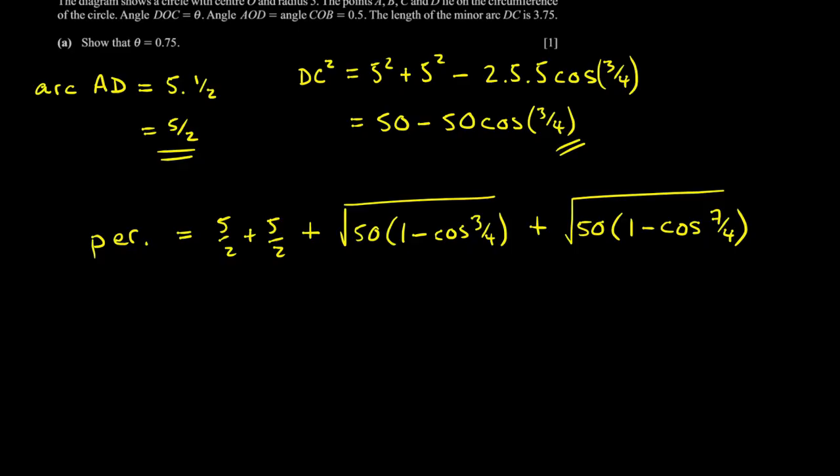Okay, let's find that equals. Good. And I need to add the 5, which gives me 16.338. So I think the perimeter should be 16.3. So we usually have to leave it to 3 significant figures.